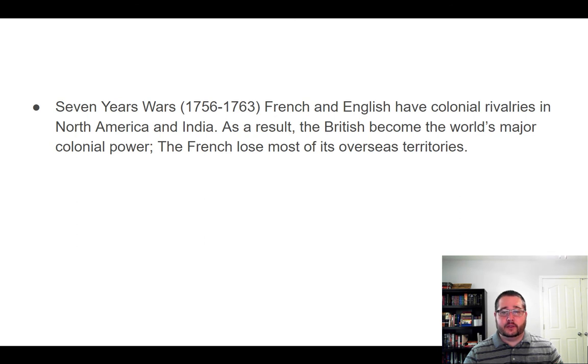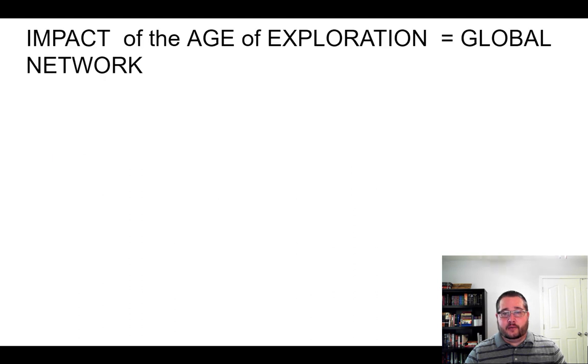Ends up with France losing a lot of its overseas territory, and the 7 Years' War, which is also called the French and Indian War, ends up with England controlling Canada. And then, this is a unit for further in the future, but events after the 7 Years' War and some decisions of Parliament end up leading to the American Revolution.